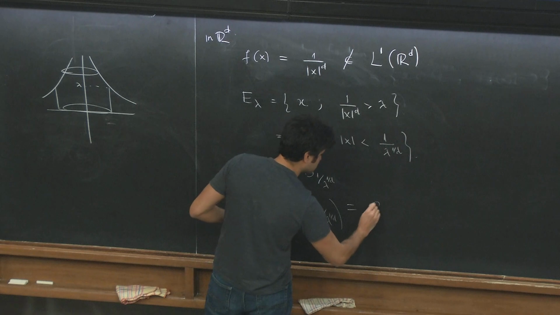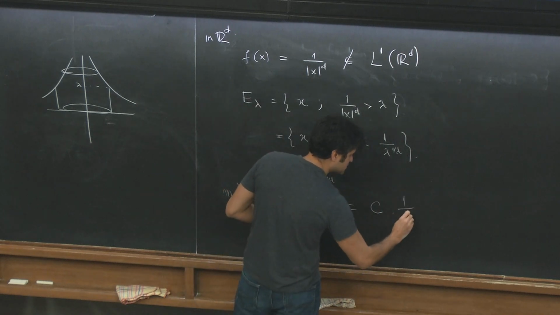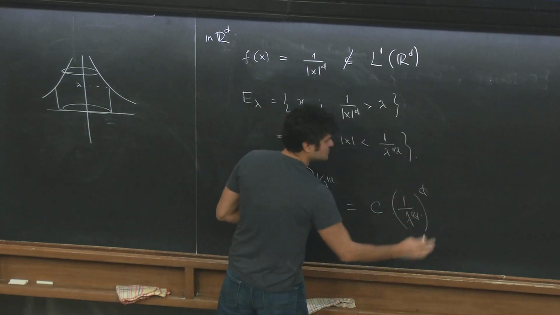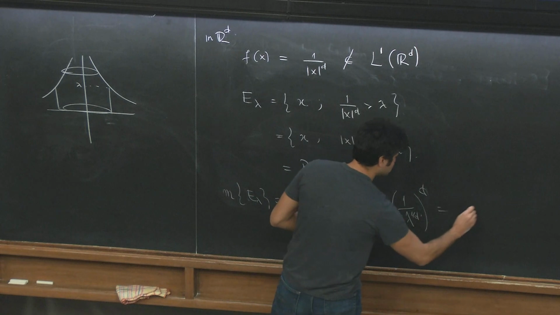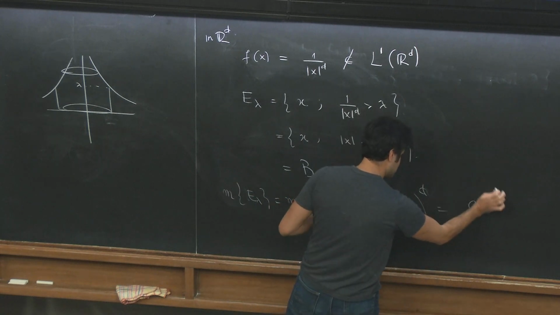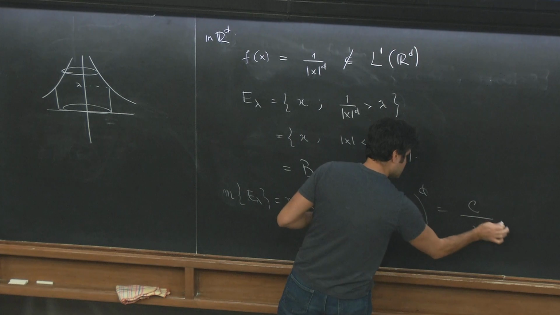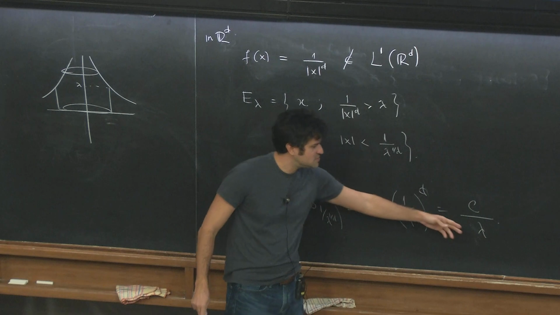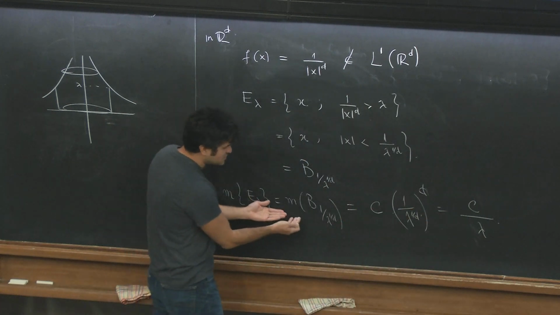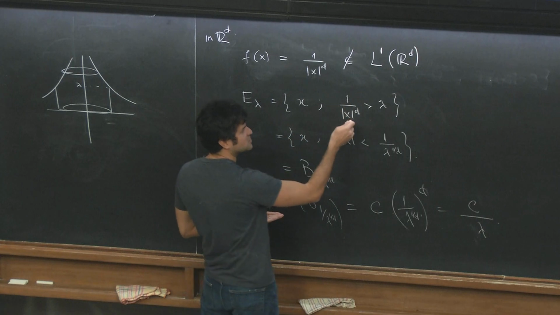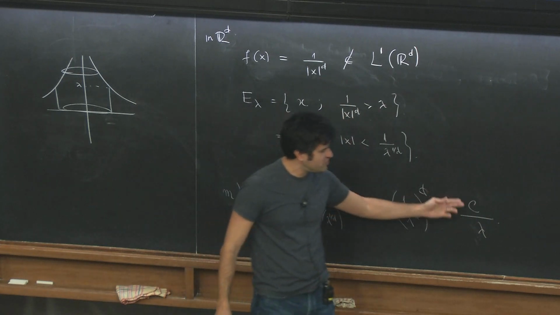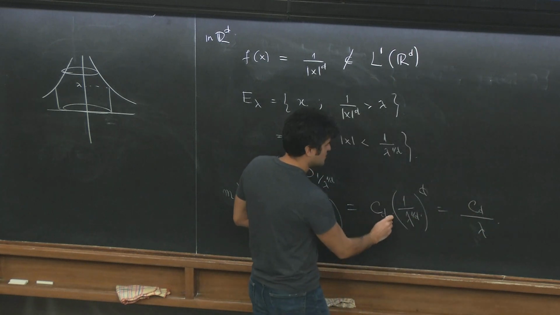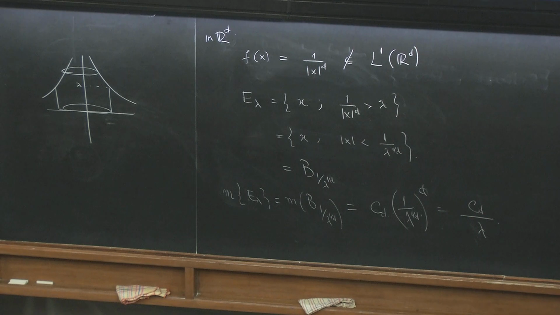I don't need to know what the constant is. So we have a constant C prime, and then lambda to the 1 over d, which is the radius, to the d. So it's just lambda in the denominator. You see, the measure of the set where my function f is bigger than lambda is equal to c over lambda, for some constant c that depends just on the dimension. And there you have it.